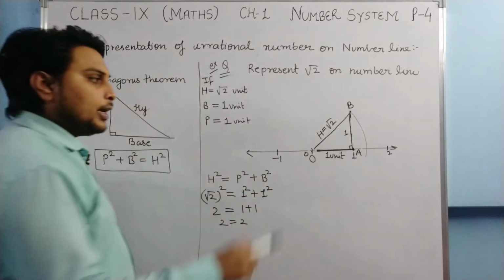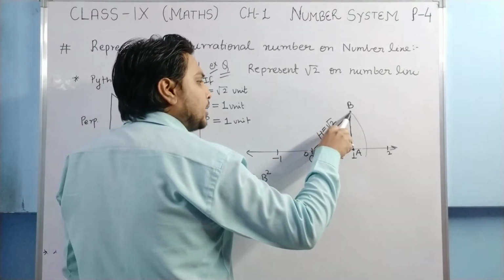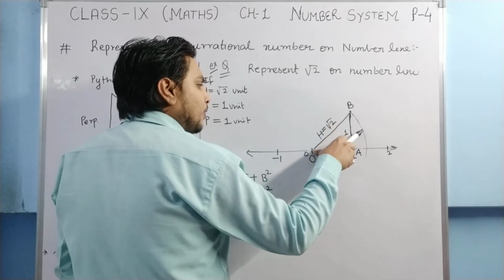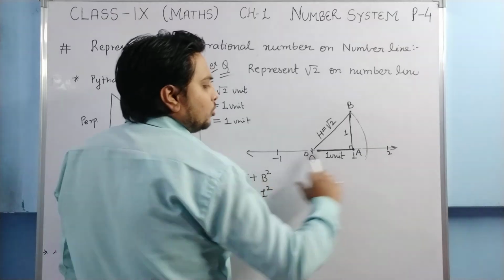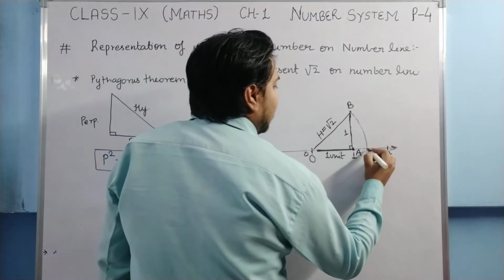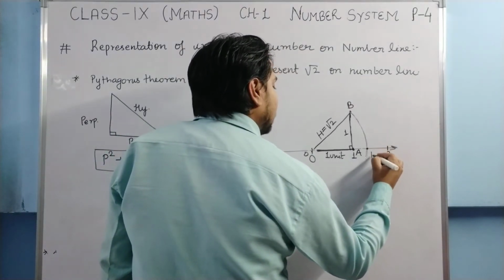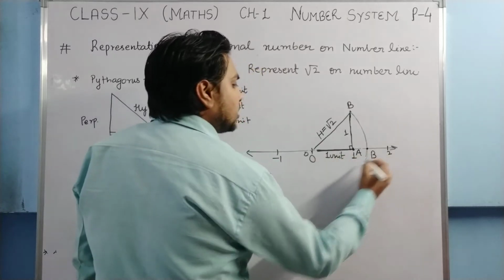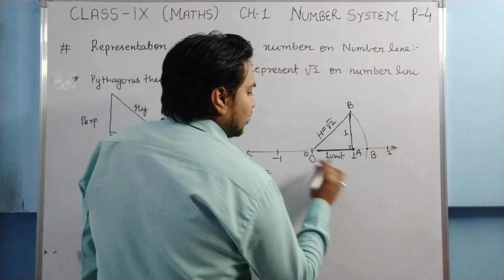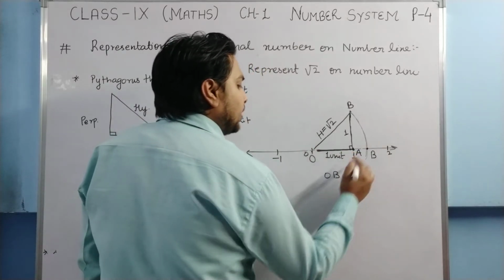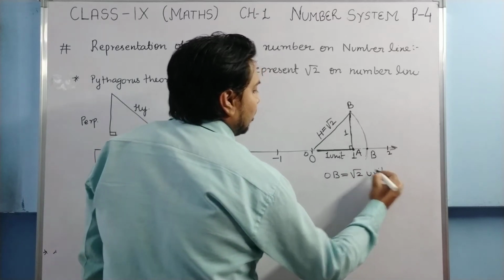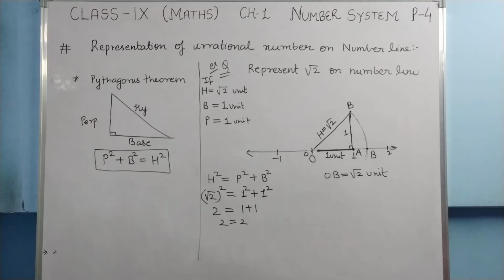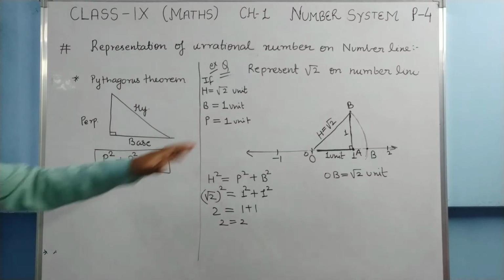Wherever it cuts the number line, this distance OB from O to this B will be equal to under root 2 units on the number line. So we have represented under root 2 on the number line.